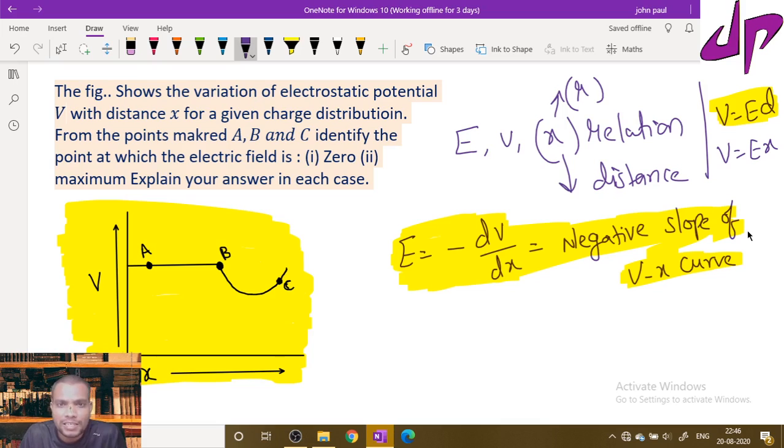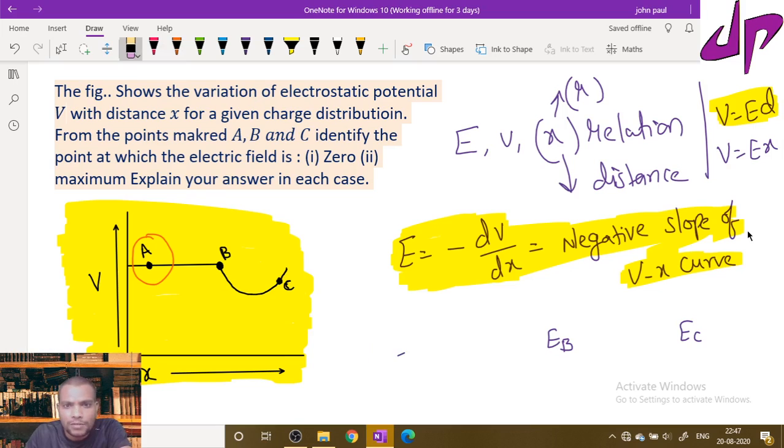Now by using this relation, let us find the electric field at point A, at point B, and at point C. At point A, you can see the curve is just a straight line, and dV by dx is nothing but the slope. So what is the slope at point A?